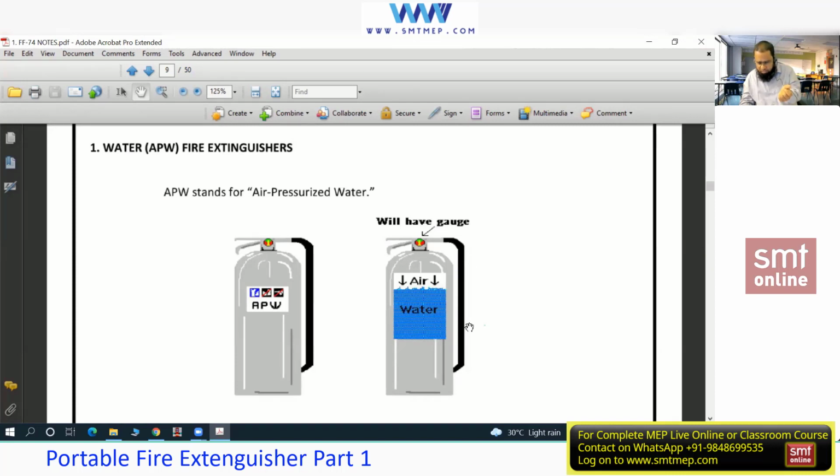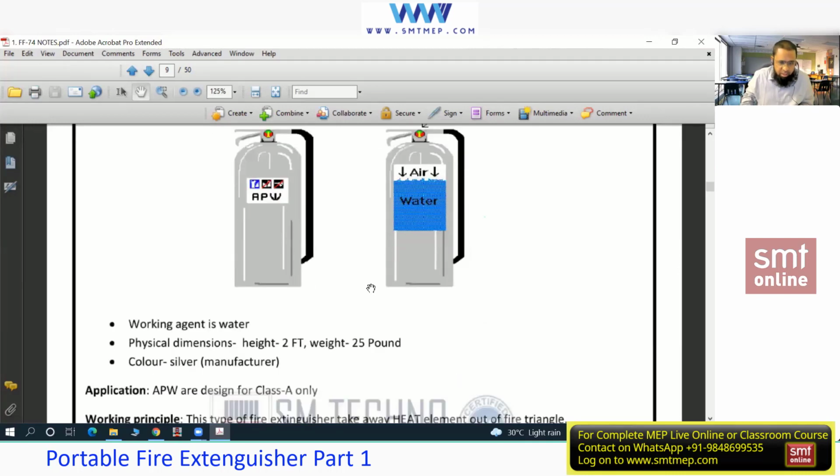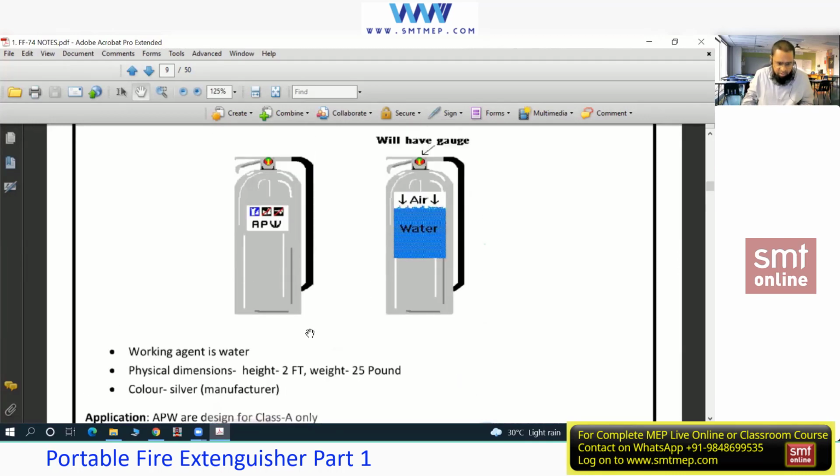Okay, some technical differences. The default color from the manufacturer is silver, but on site we are going to paint it red. So the color on site is red, but the manufacturer's is silver. It's available in different capacities. Here I'm considering an example from Tyco.